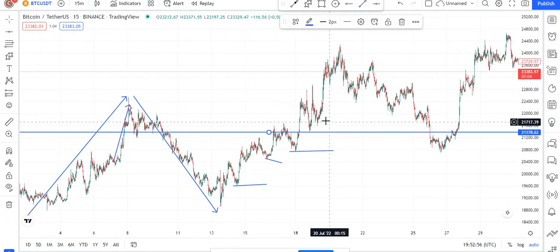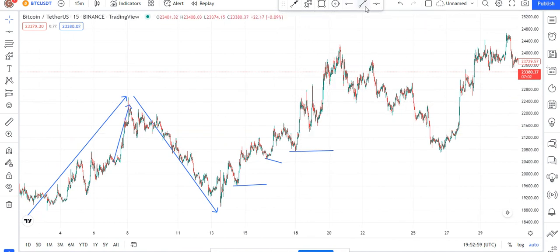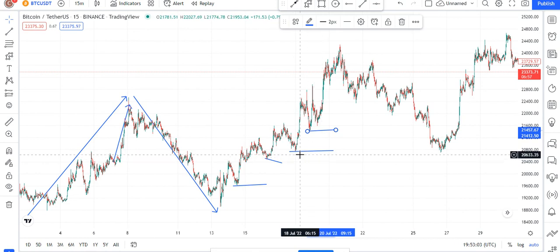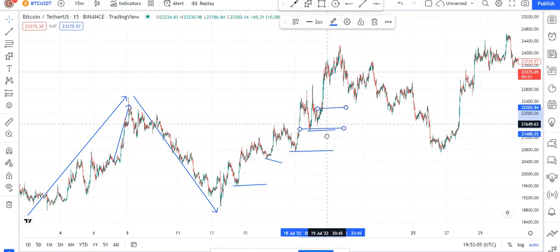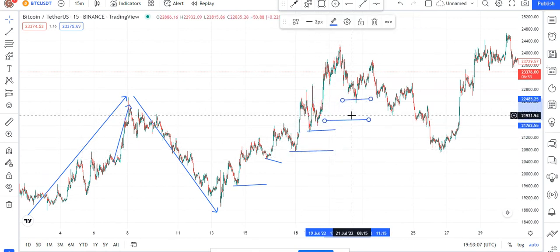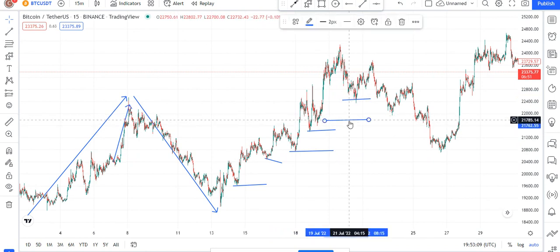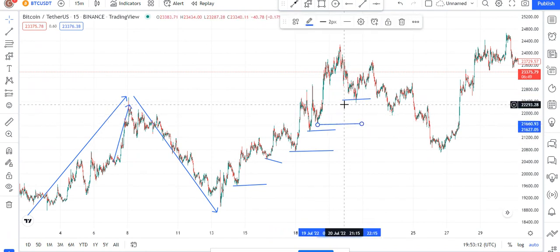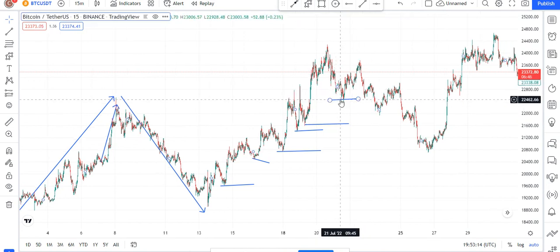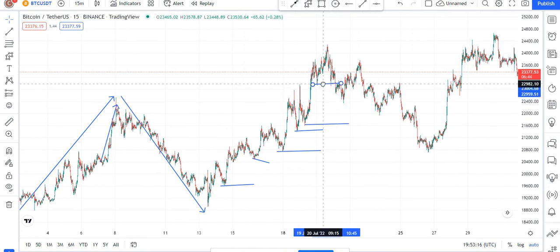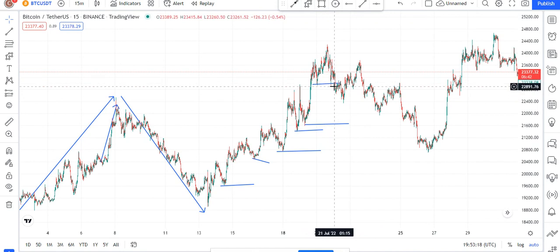We buy here again as well, and again over here. Then we buy here as well. This is our last buy now. We were trapped in a reversal.